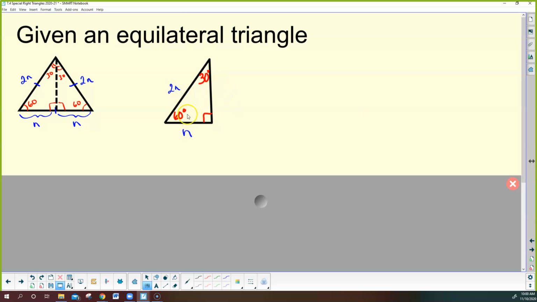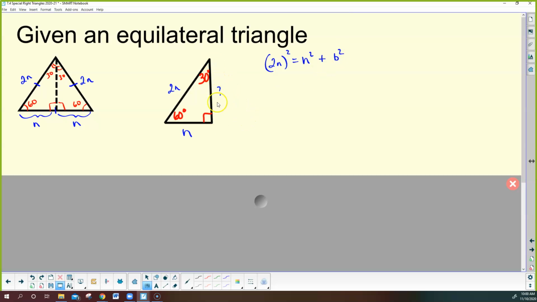And then our job is to figure out the measure of the side length across from the 60 degrees. We can call this B or A, it doesn't matter, but we know the hypotenuse. So we're going to use the Pythagorean theorem. The hypotenuse squared has to equal n squared plus, let's call it, B squared.